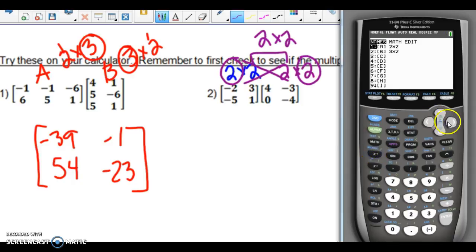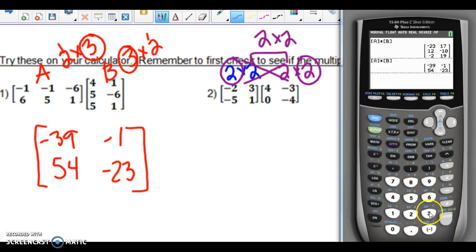Second matrix again, this time edit B. So go down, change that one also to a 2 by 2. And you get 4, -3, 0, and -4. And then second quit back to your home screen.